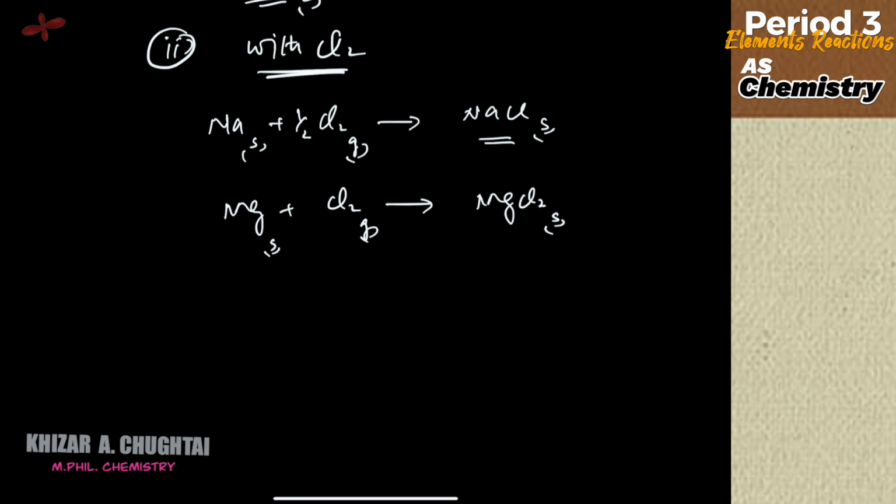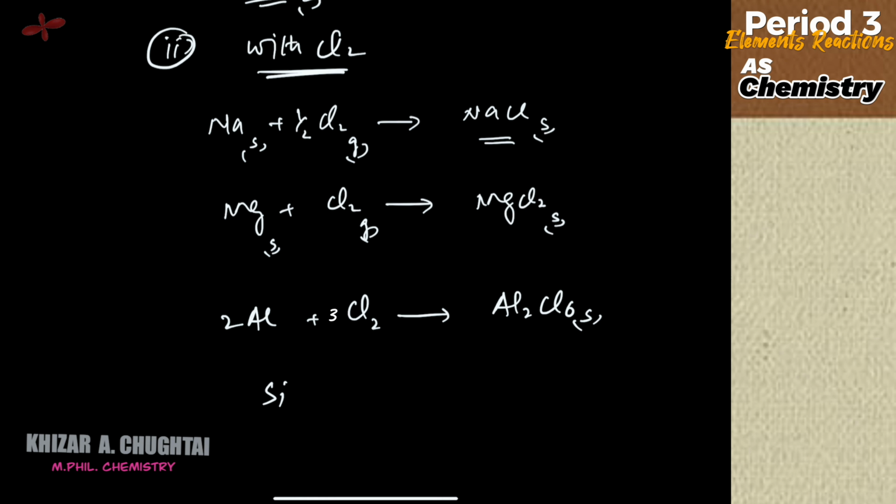Aluminium also burns when it is strongly heated in the presence of excess Cl2, and it's going to make a dimer, Al2Cl6, that is initially solid, but it can be vaporized, it can sublime, it can be changed into the gaseous state.